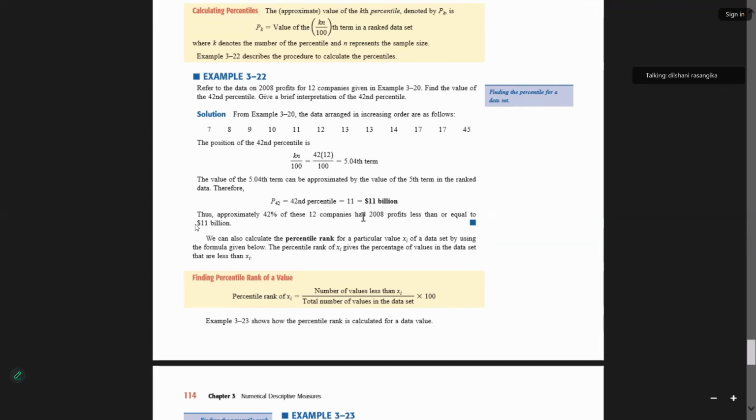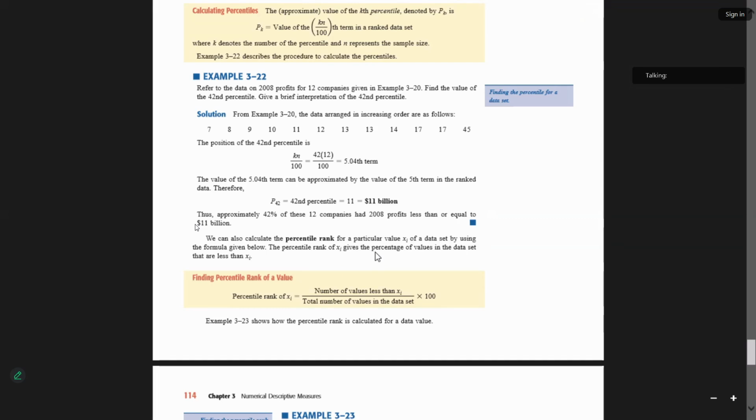Let's take any data. We need to find the percentile rank of 13, this first 13.